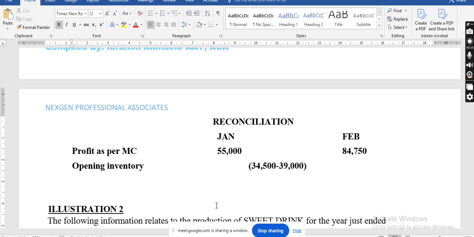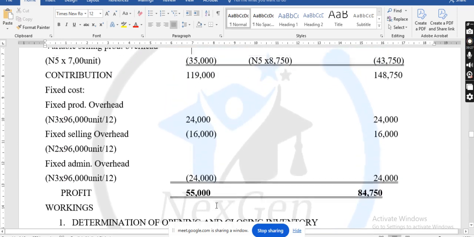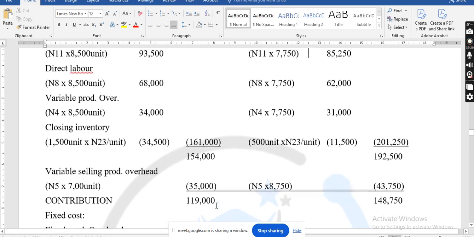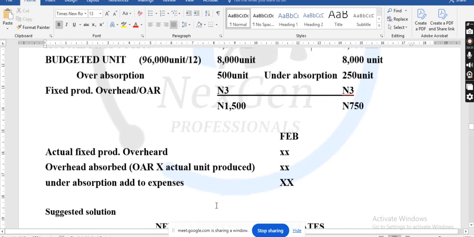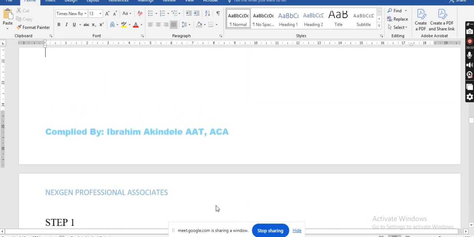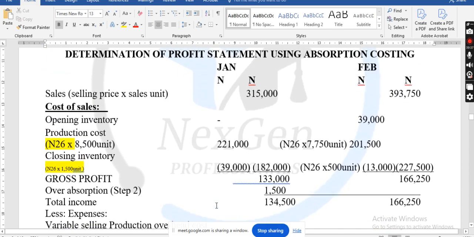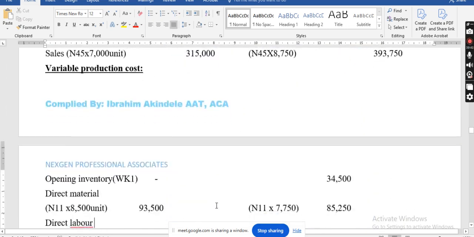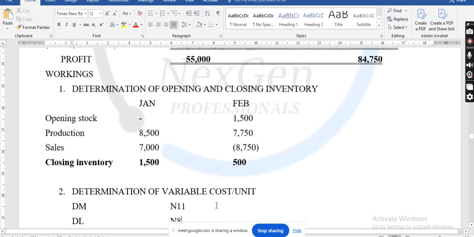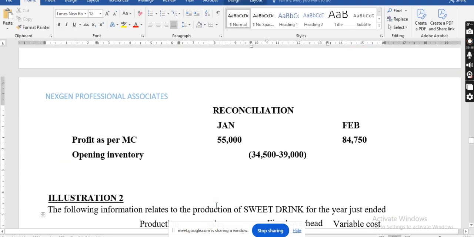Let me quickly confirm that. Absorption, opening inventory, what is the cost? Oh, it's 39,000. You can see it. Okay, so any other figure you give me, we are good. It's just opening and closing.